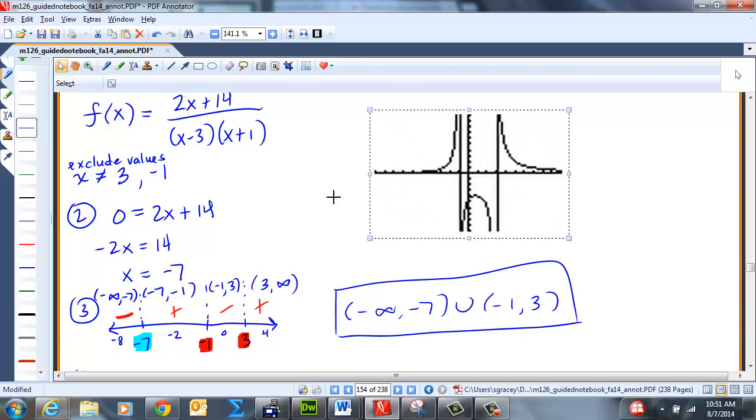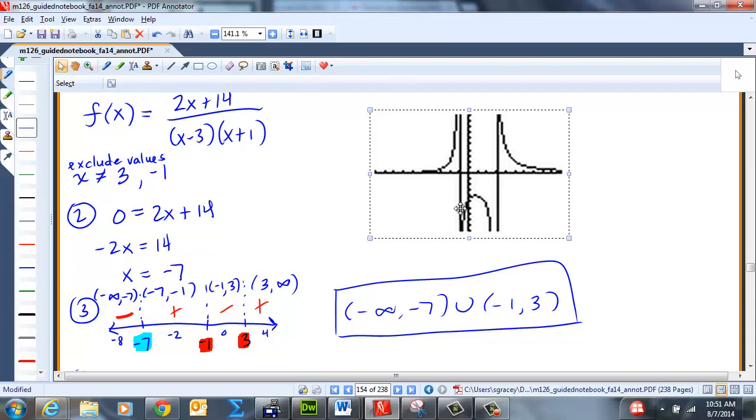And we had a less than inequality. Let me see how I entered in this graph.